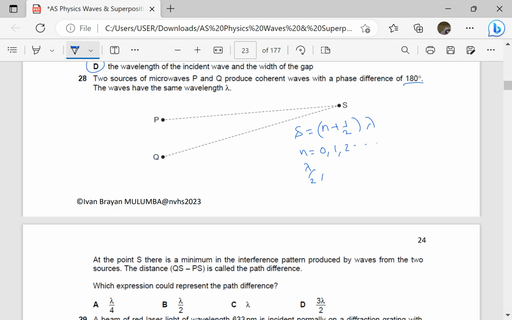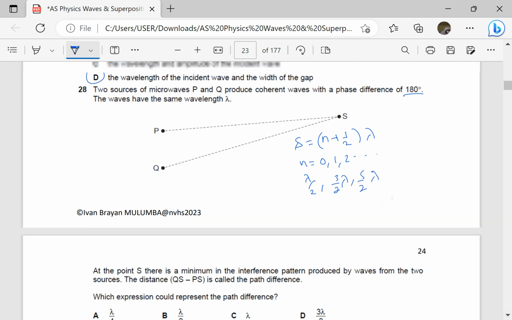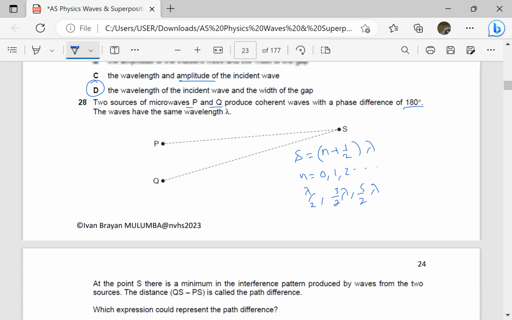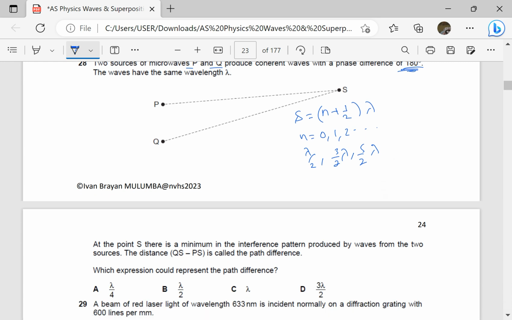For the second minimum, it will be 3 over 2 lambda, and the next one will be 5 over 2 lambda. But this is only true if the two sources had initially a phase difference of 0. But because the phase difference between the two sources was initially 180 degrees, that is, one was half a cycle ahead of the other, the path difference cannot be lambda over 2 or 3 lambda over 2, but we can add a cycle on each of these.